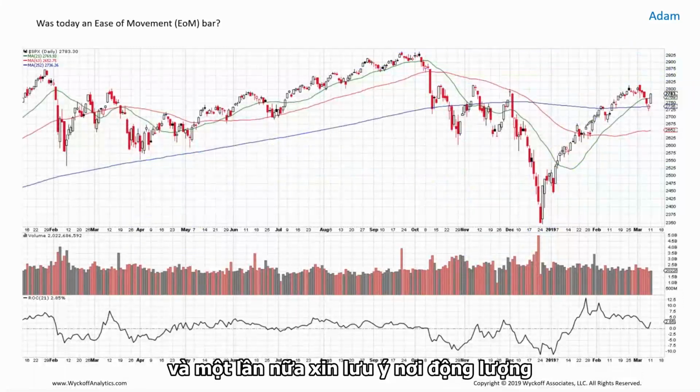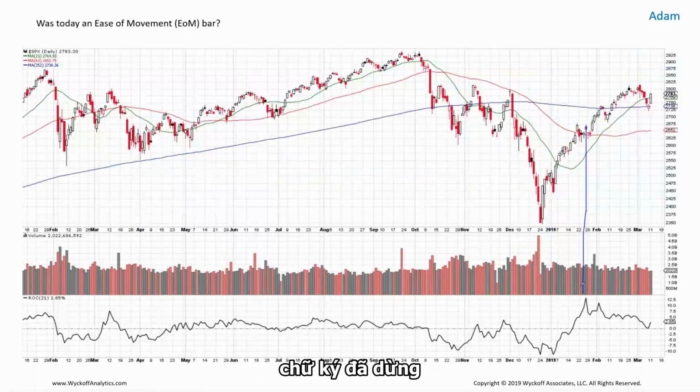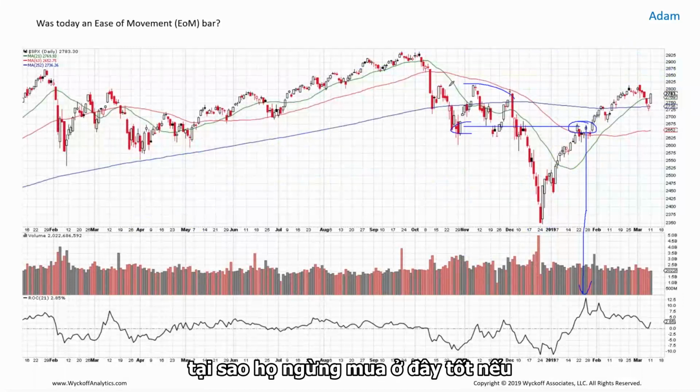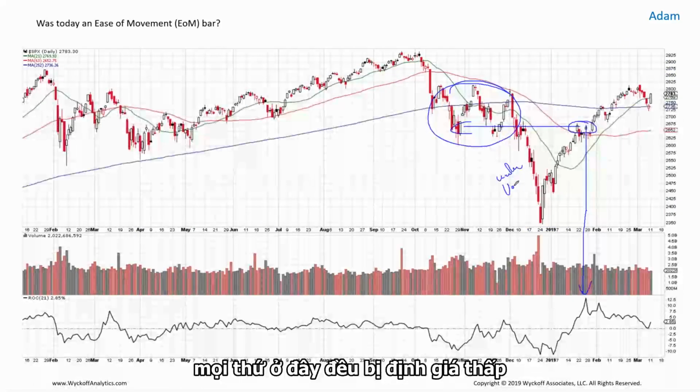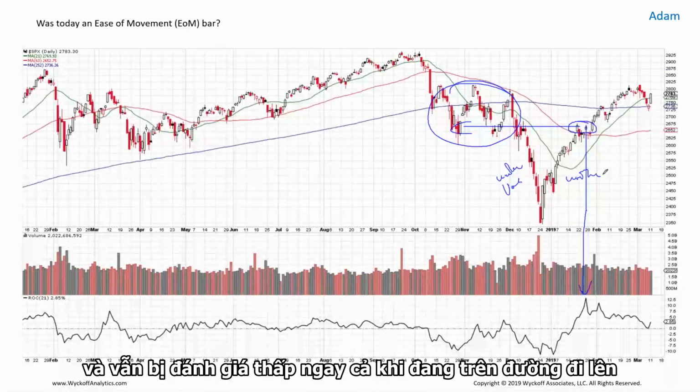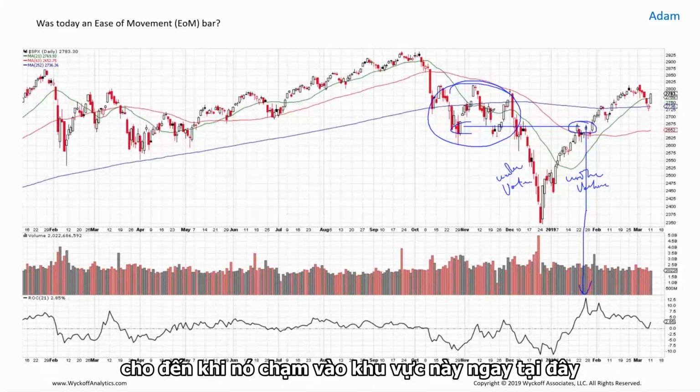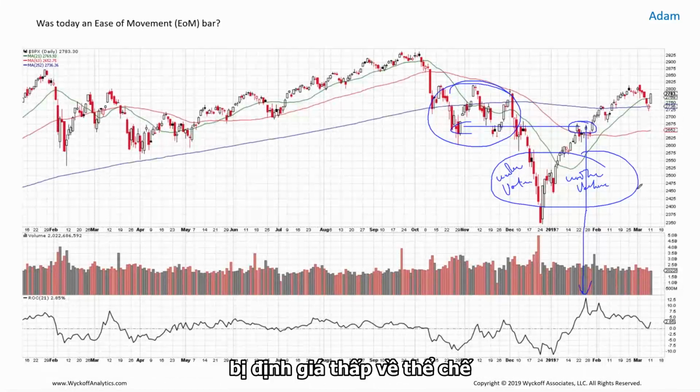And again, please note where the momentum signature has stopped. Why did they stop buying here? Well, if this was the previous value, then everything here is undervalued, and still undervalued even on the way up until it hits this area right here. This is institutional undervalue. So they are buying on the way down, they are buying on the way up, and then they stop buying.